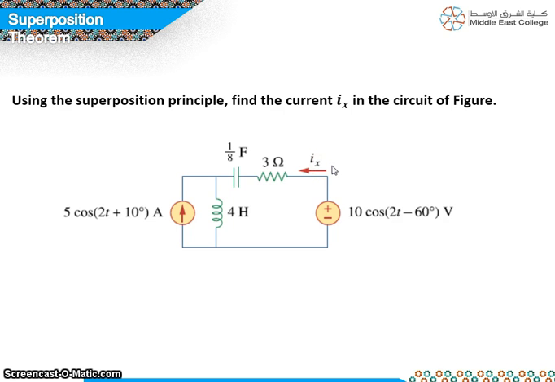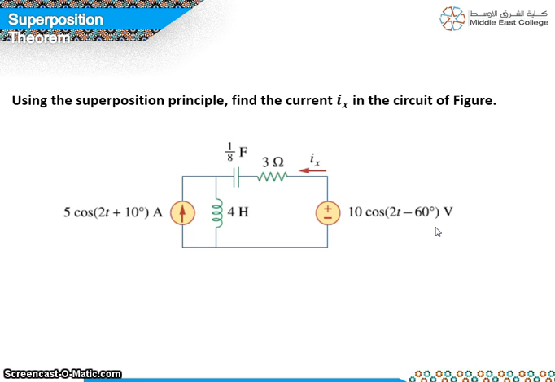Before applying any analysis technique to an AC circuit, the first thing we should look into is the values of the elements. They should be in ohms, what we call impedance. So the inductor and capacitor should be converted into ohm values, and the equations of current and voltage should also be changed into polar form.